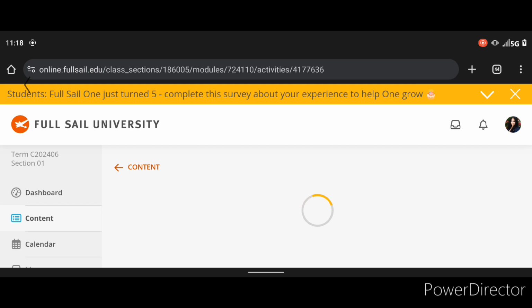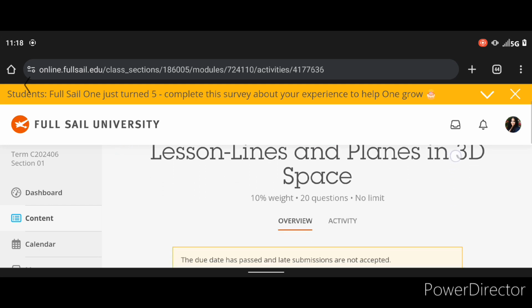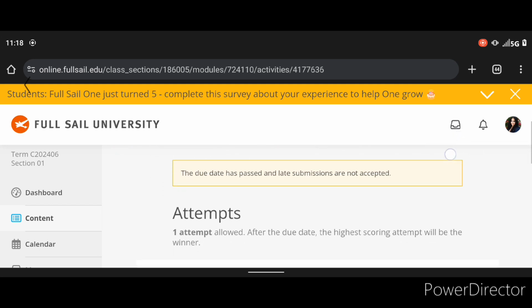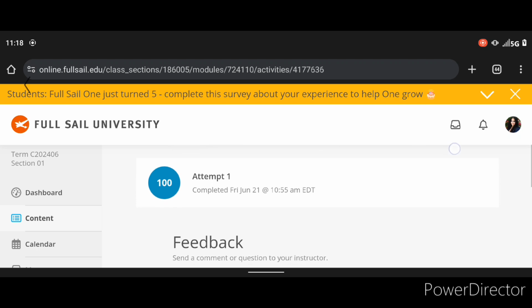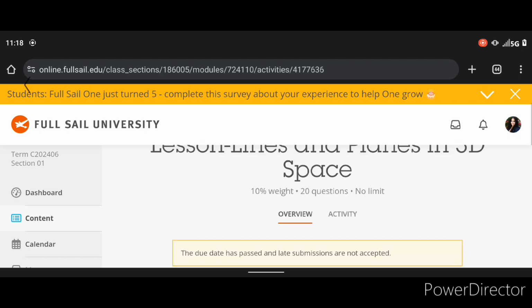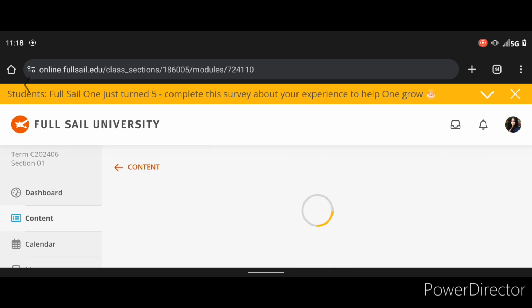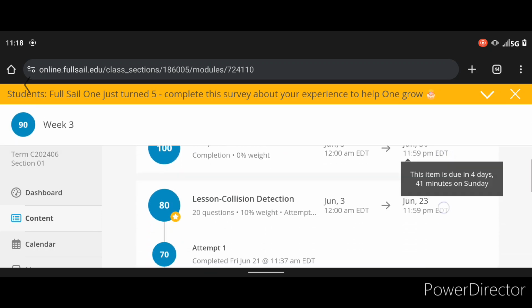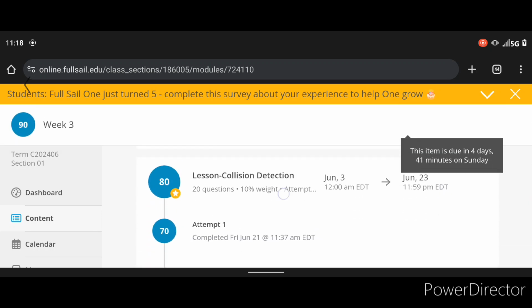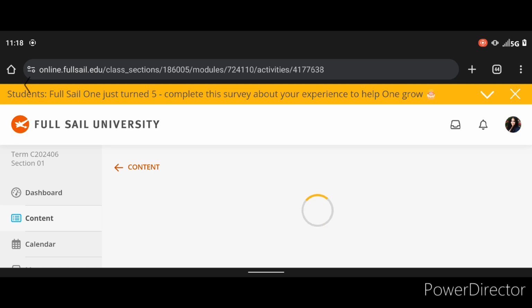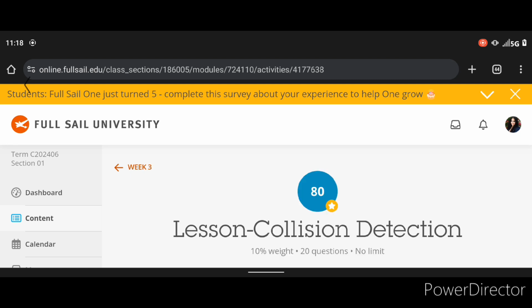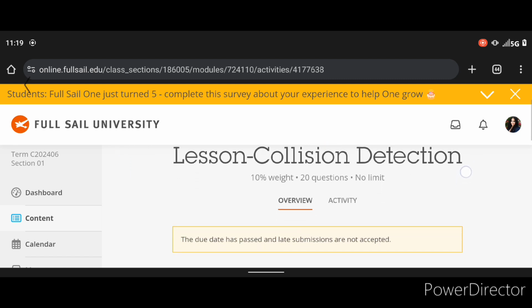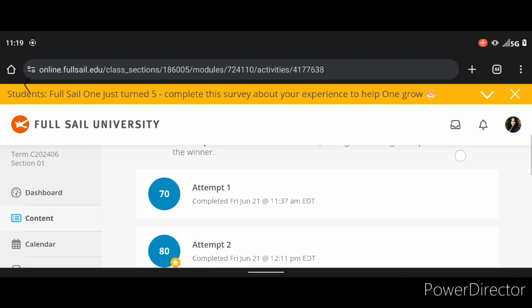For the chapter 5 quiz, I did 1 attempt and got the full 100 points, and there were only 20 questions worth 10% of the grade. For chapter 6, there were also only 20 questions worth 10%, and I used the full 2 attempts.